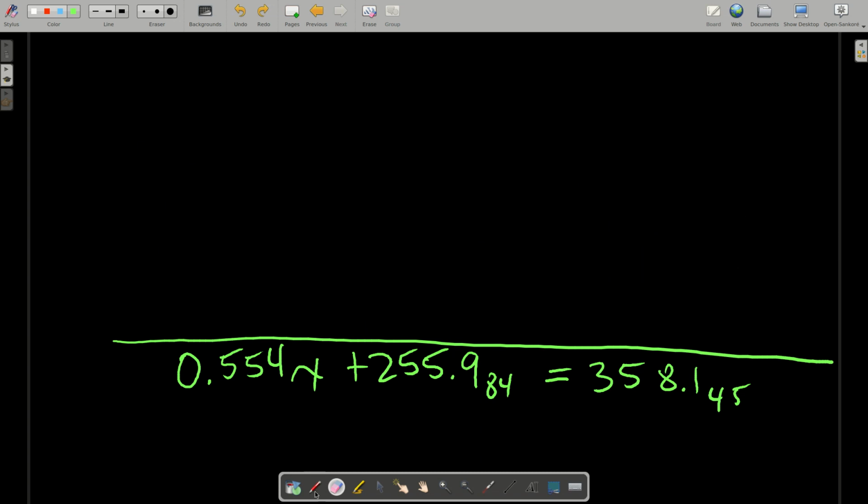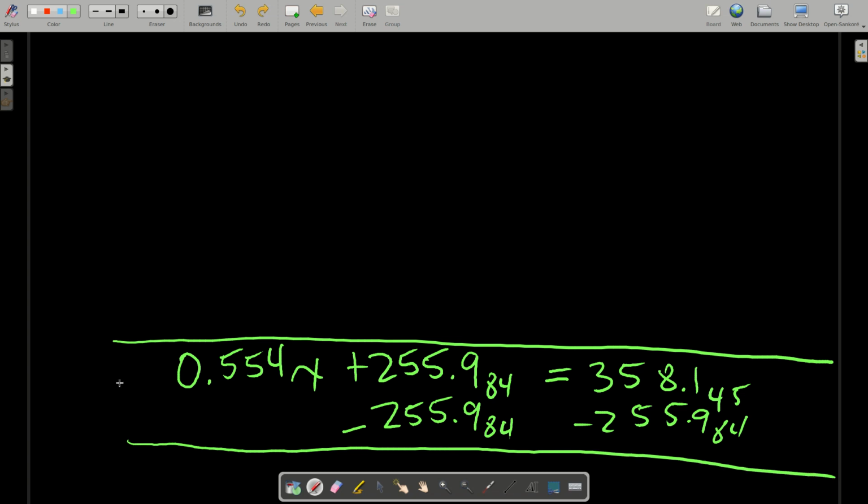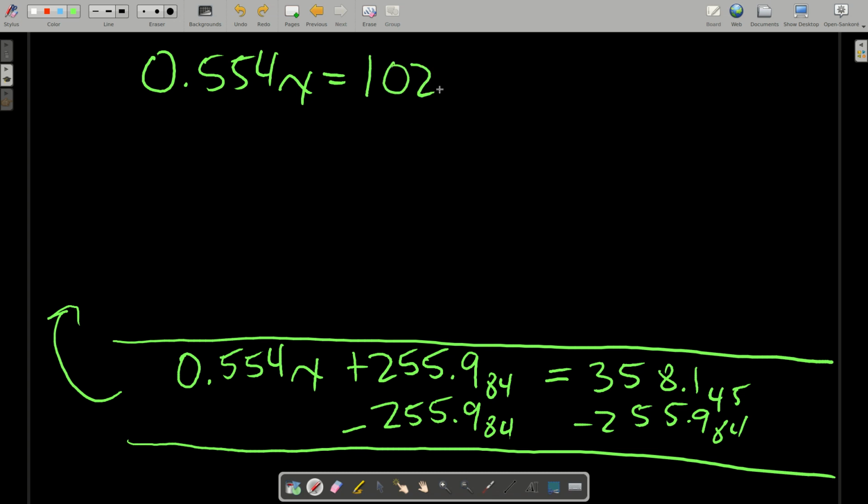So now, just coming back up here, subtracting, I guess I'll do it down here, minus 255.984 on both sides. And I'll write the result up here. We get 0.554x is equal to 102.16.